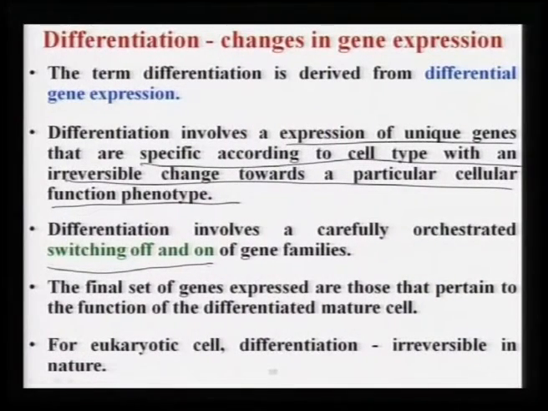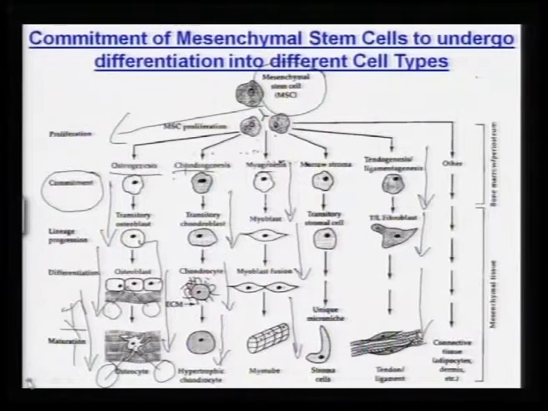The final set of genes expressed are those that pertain to the function of the differentiated mature cell, and for eukaryotic cells differentiation is irreversible in nature, that I have already mentioned to you. So, always remember that differentiation is irreversible in nature. Okay, we are discussing the differentiation of cells. A key point to remember is that once there is a commitment for a given cell to differentiate to different cell types, then it follows a lineage.